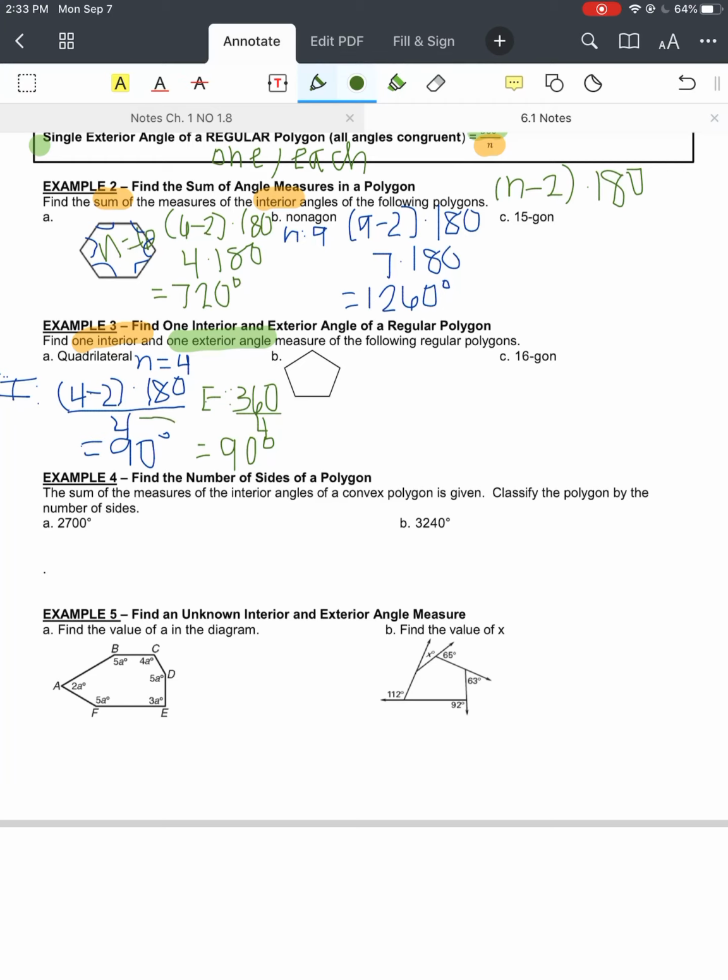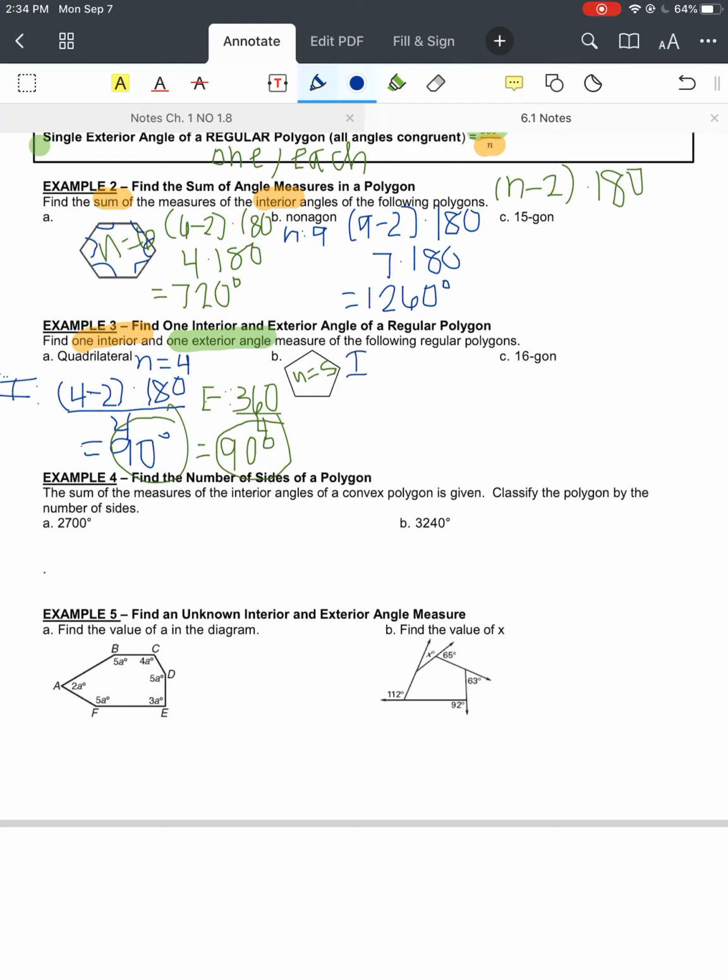So you might be thinking to yourself, interior was 90 and exterior was 90. Are they always going to be the same? And if you're thinking, I don't know, maybe, maybe not, well, let's try another one. Let's try letter B and see where that takes us. So letter B, this is a pentagon, so n is 5. There are 5 sides.